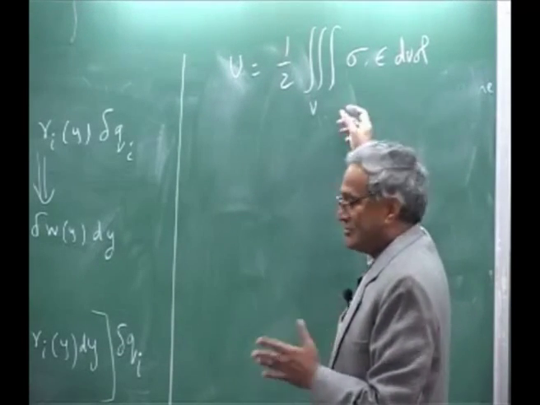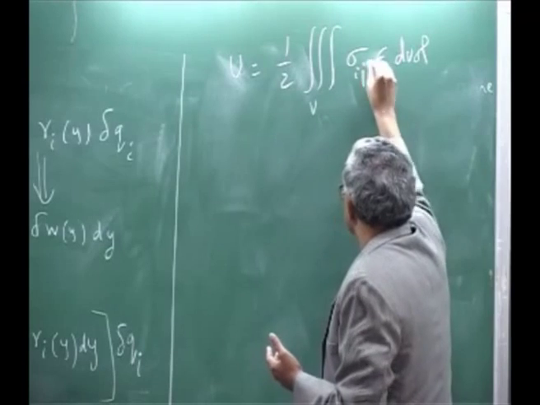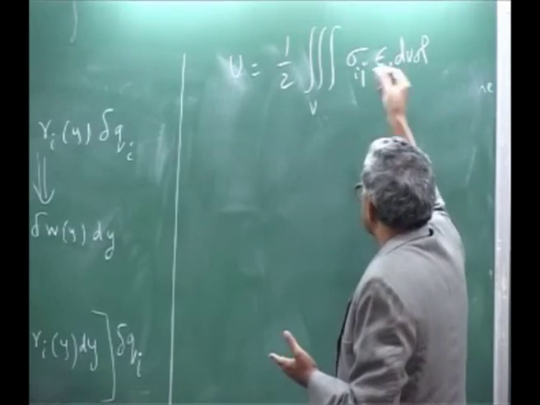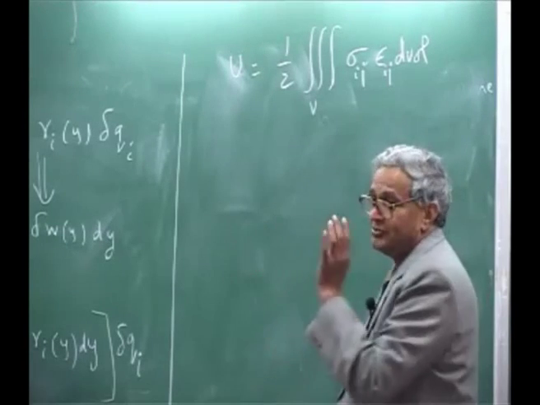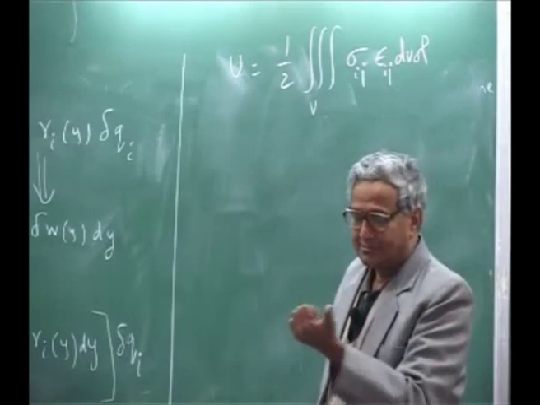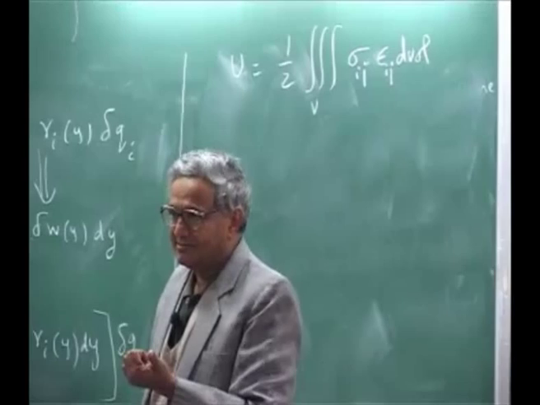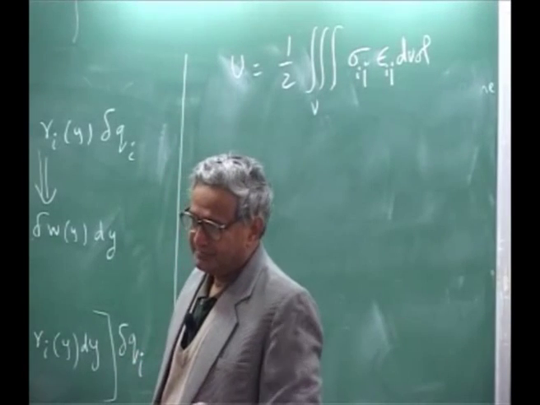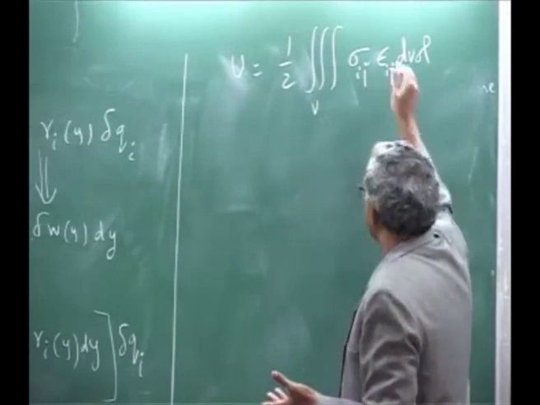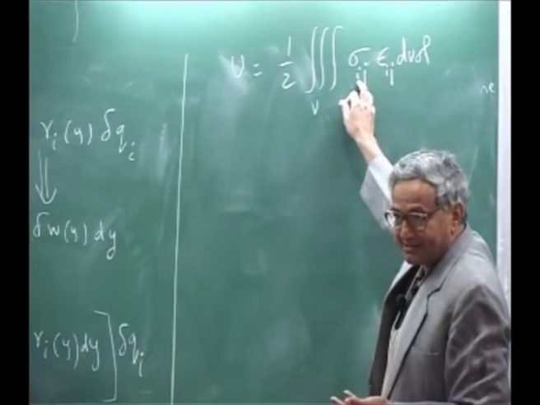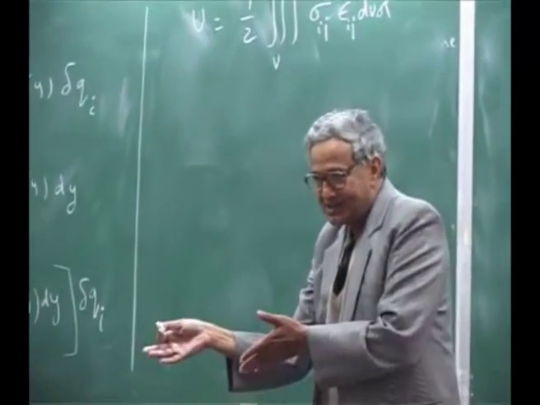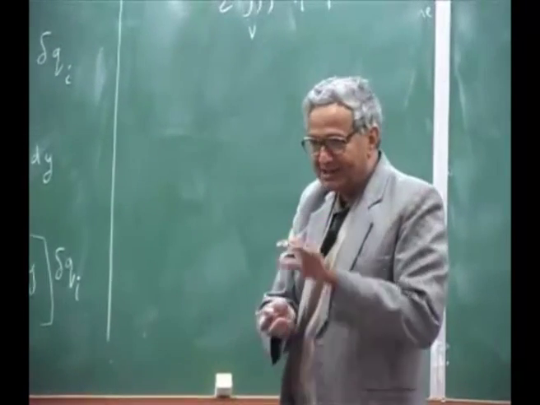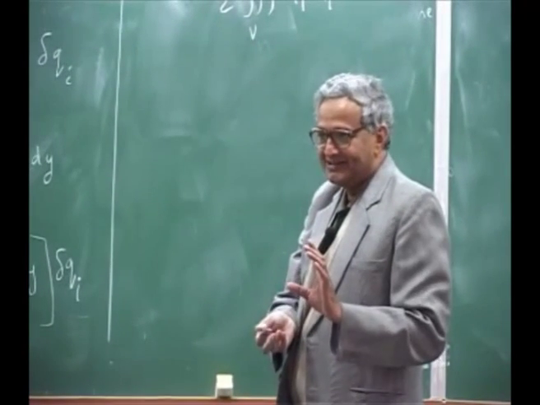So if you want, you can put ij, something like that. You can have everything. But in this case, you will have only normal strain epsilon xx. Okay, and you substitute, you get the sigma, which is the stress strain relationship, and where your material property will come in.